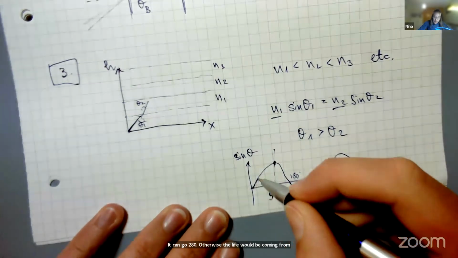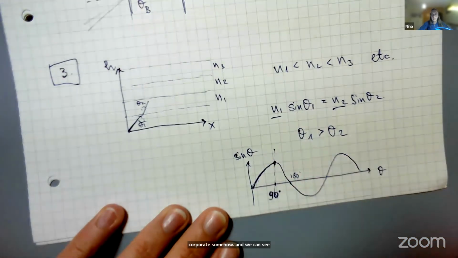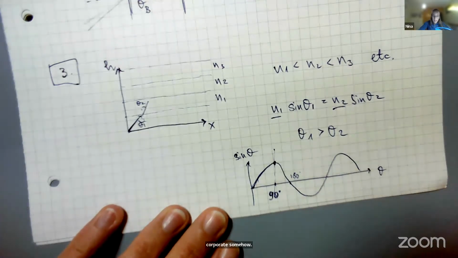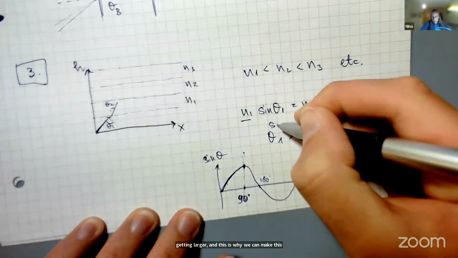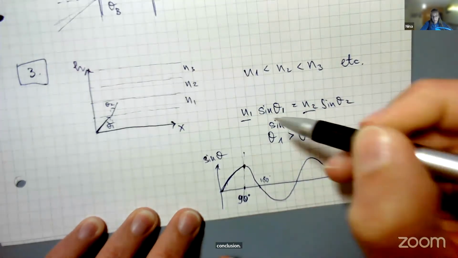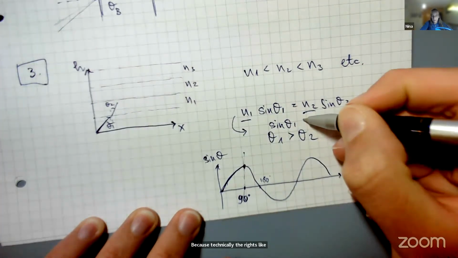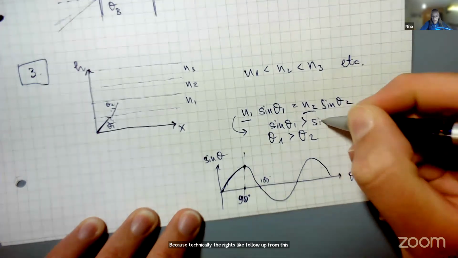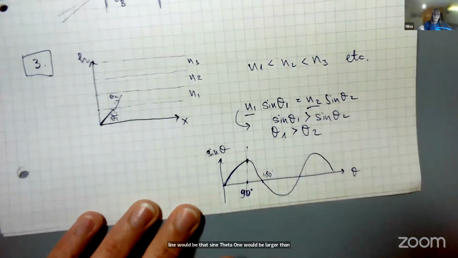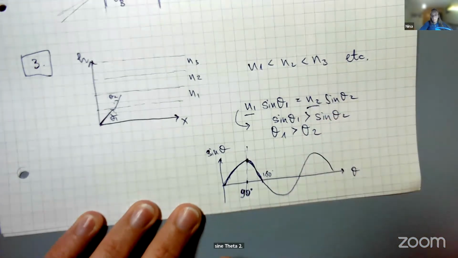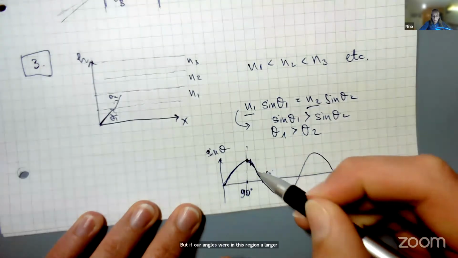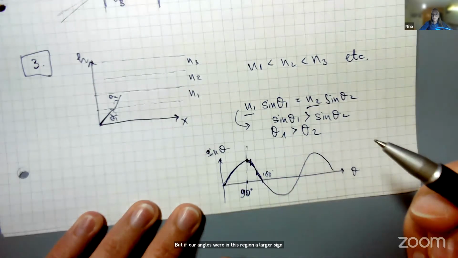And we can see that for a larger theta, the sine is getting larger, and this is why we can make this conclusion, because technically the right follow-up from this line would be that sine theta 1 would be larger than sine theta 2. But if our angles were in this region, a larger sine would mean a smaller angle.